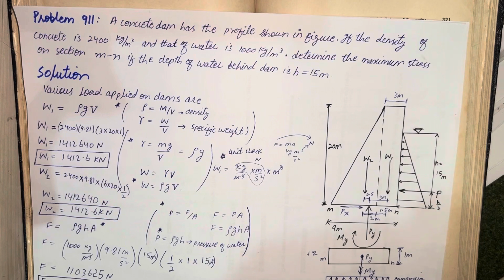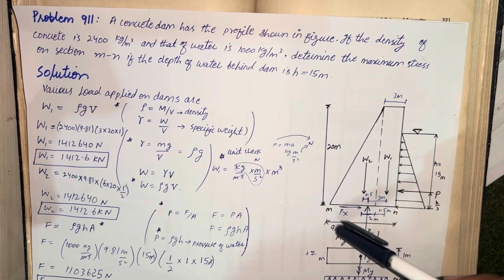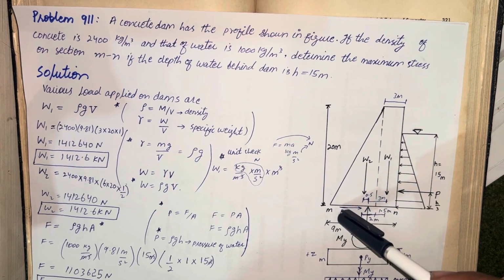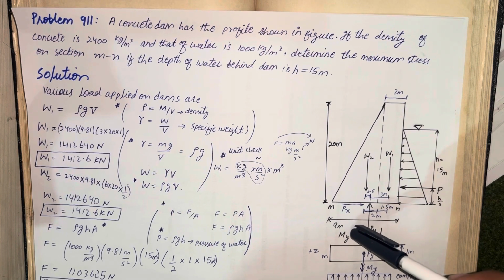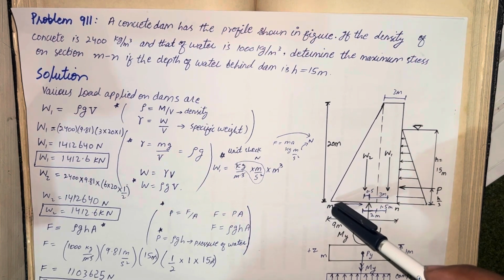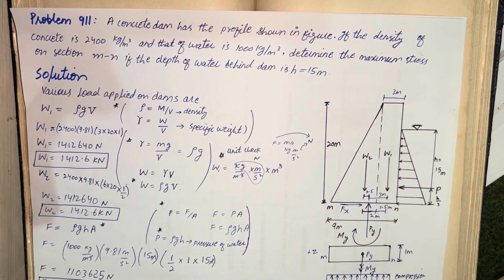Whenever there is a compression, we show the arrowhead of the moment towards that section. That's why we have drawn the moment this way, because at M section the compression is produced. It's a sign convention. So the clockwise reactive moment is produced.